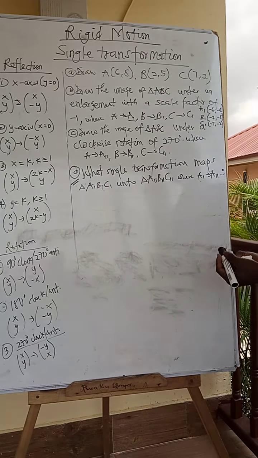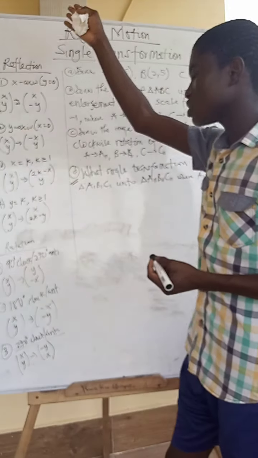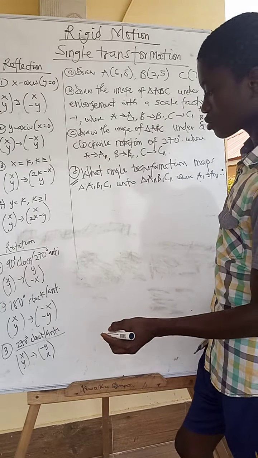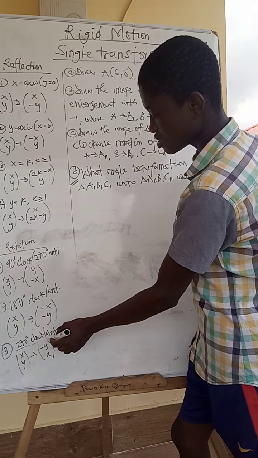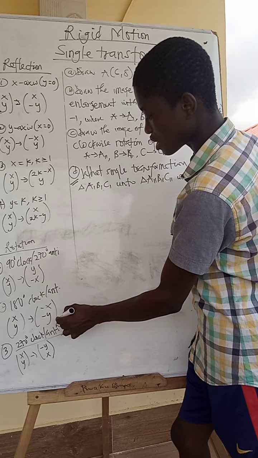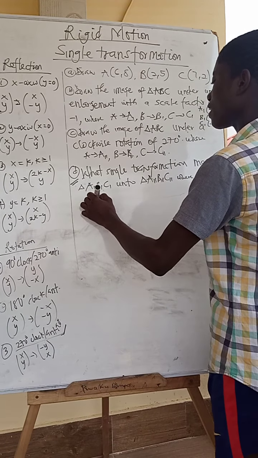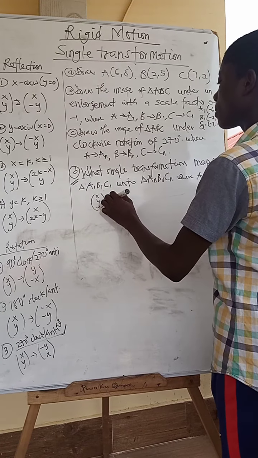In case you forget, these are our formulas that we learned in our previous discussion. Here, 270 clockwise is the same as 90 degrees anti-clockwise. So here, our xy maps to what?